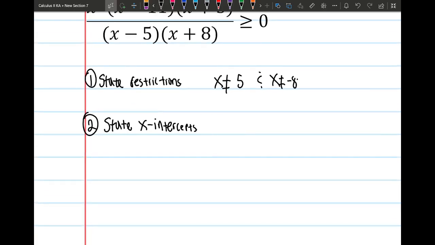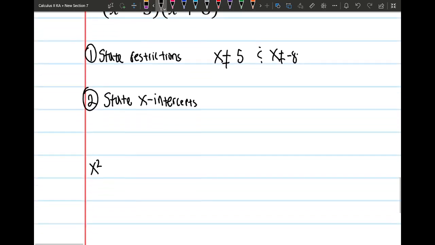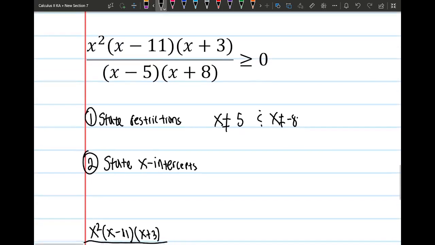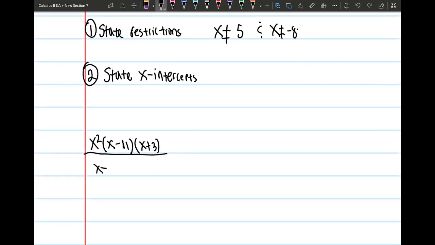So I'm going to go ahead and say x squared times x minus 11 times x plus 3 over x minus 5 times x plus 8 equals 0.